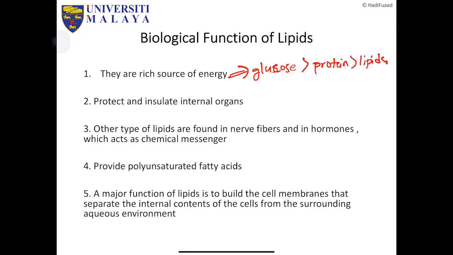In terms of energy per molecule, lipids have the highest, protein is moderate, and glucose is the lowest. But when you consider the abundance and the biological process by which these molecules can be converted into energy, glucose is the fastest. Thus, it can provide high instantaneous energy.